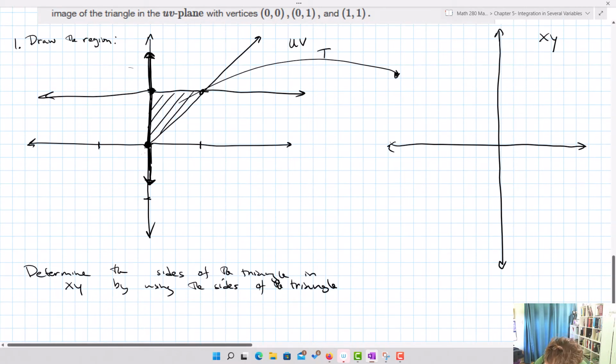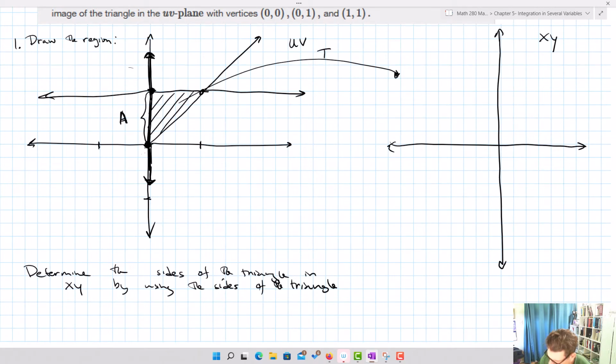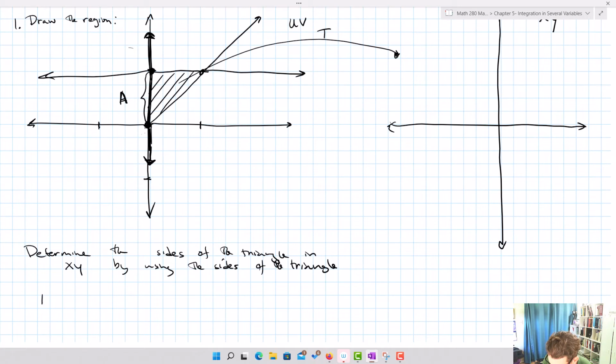We're going to start out with this side here, and we're going to call that side A. Side A has a couple of characteristics.